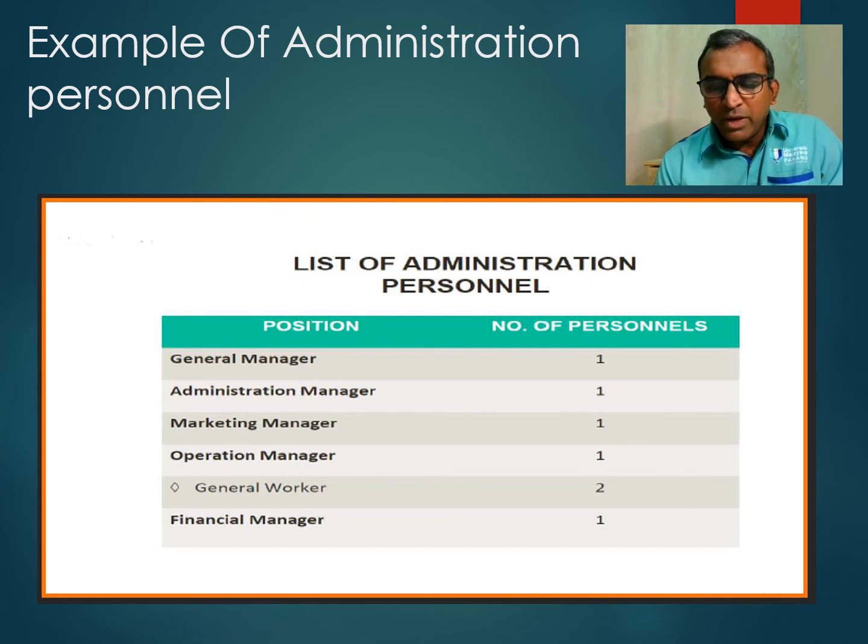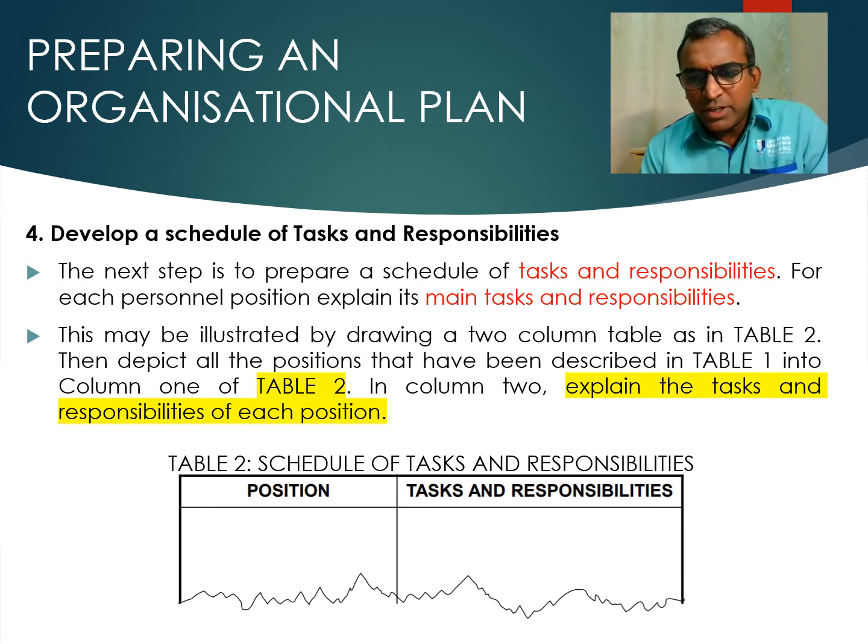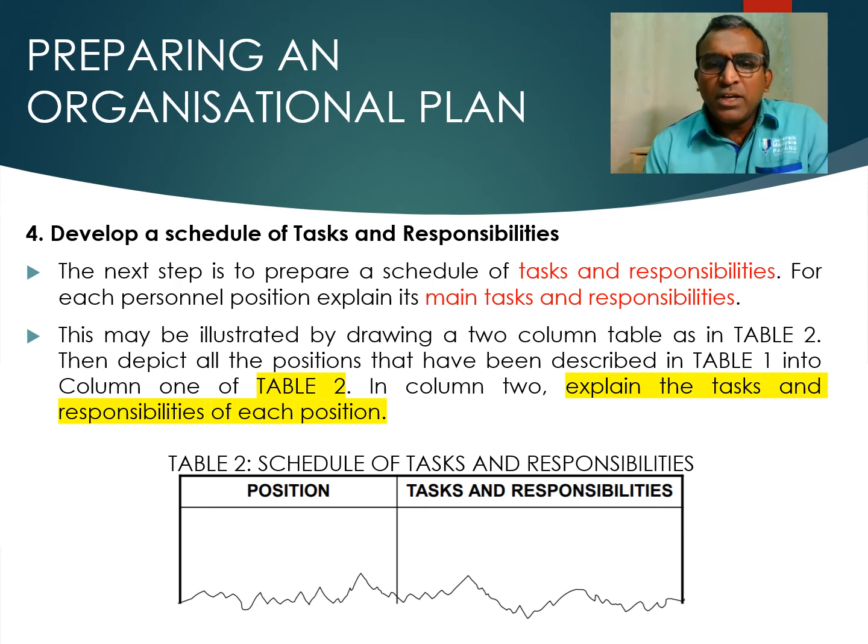Make sure when you plan, you can also get the money, or if not, you've already hired and halfway need to ask them to leave. So next is to come up with all the tasks done by each of those personnel, the admin personnel, and then put all the tasks and responsibilities in this Table 2.